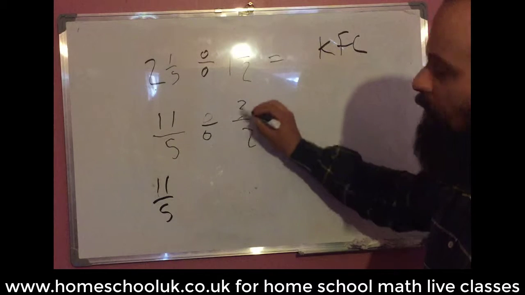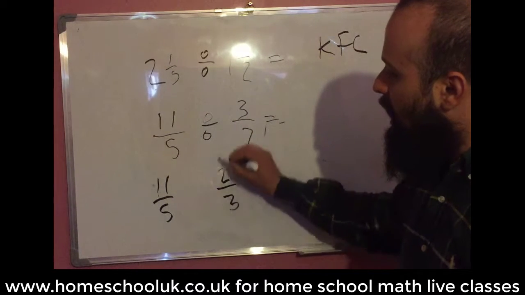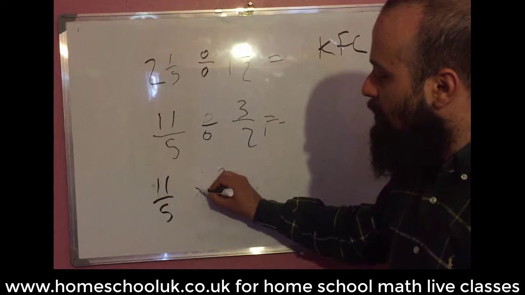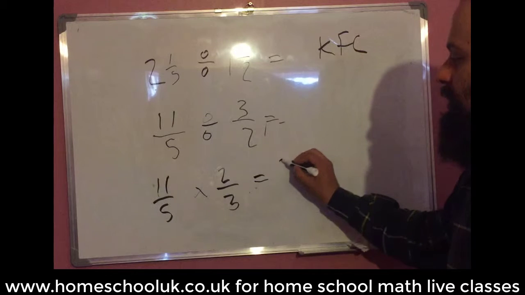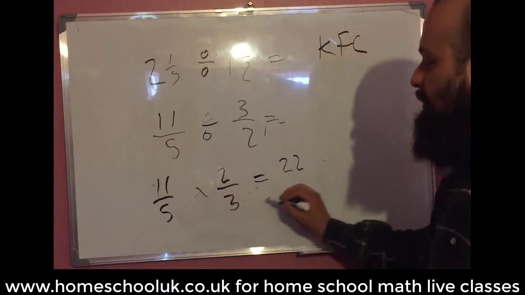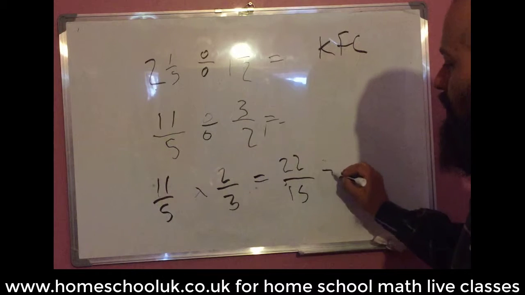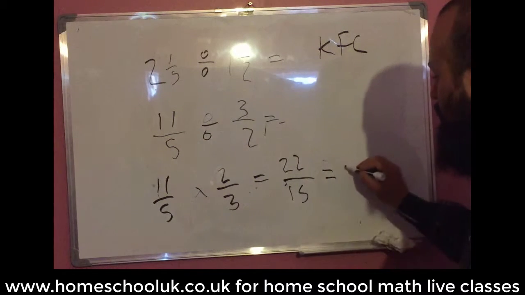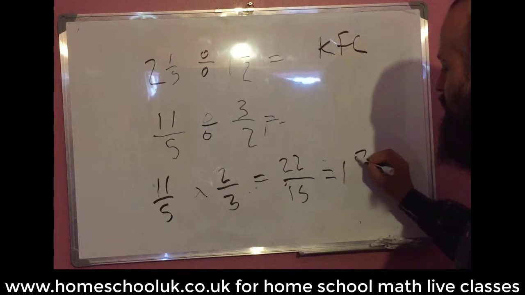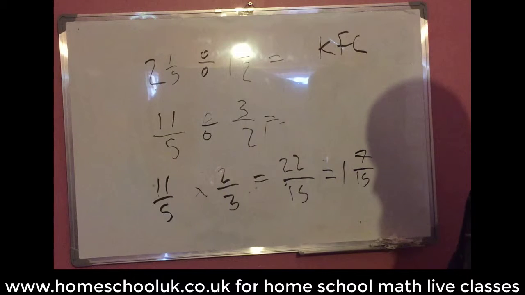Flip over the fraction after the division sign, 2 out of 3, and change the division sign into a multiplication sign. 11 times 2, 22. 3 times 5, 15. And that's your fraction. If you want to change it to a mixed fraction, how many 15s in 22? 1. Remainder 7 out of 15. And that's how you do it.